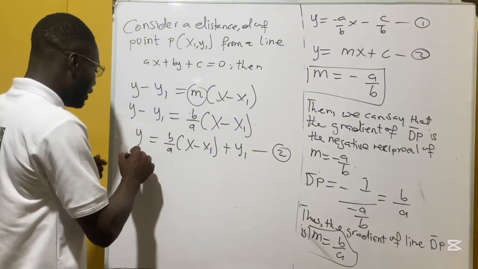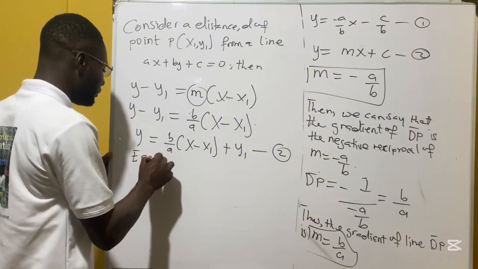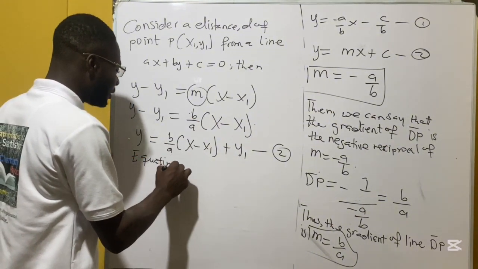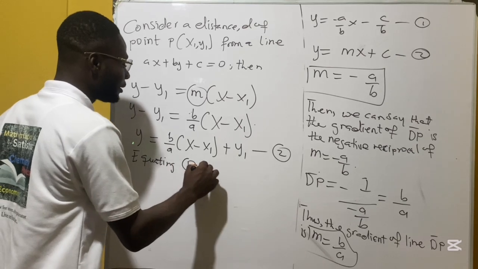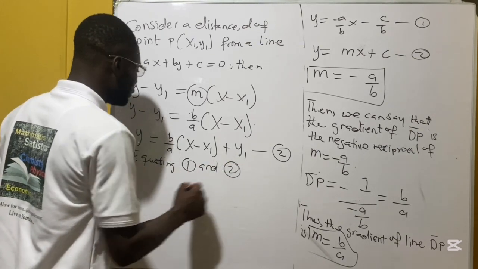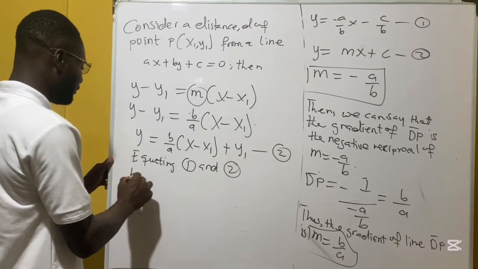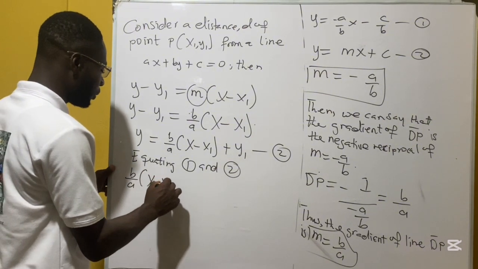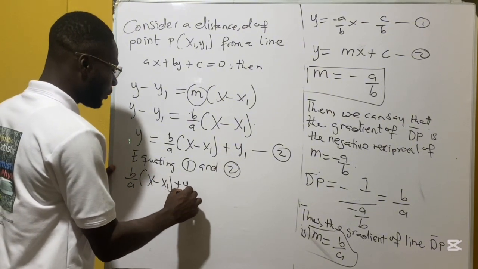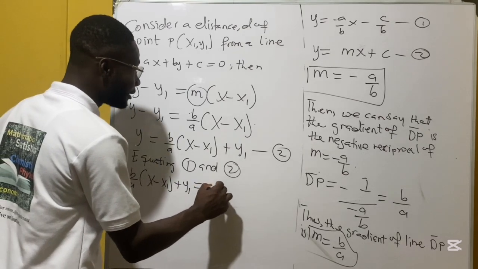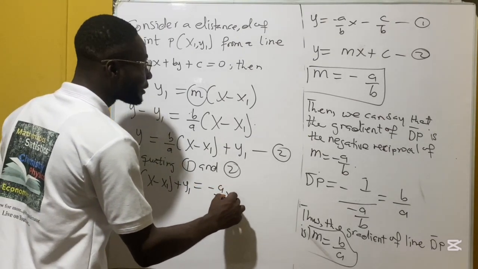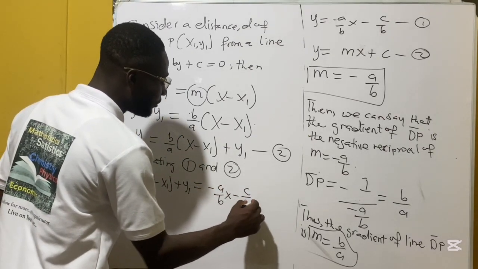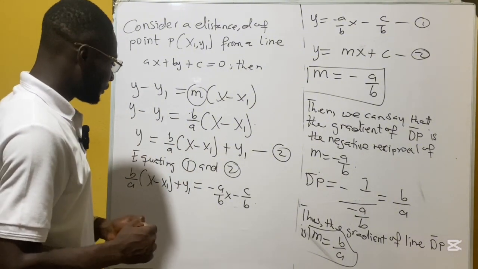So equating 1 and 2 we're going to have b over a into x minus x1 plus y1 equals minus a over b x minus c over b, right?